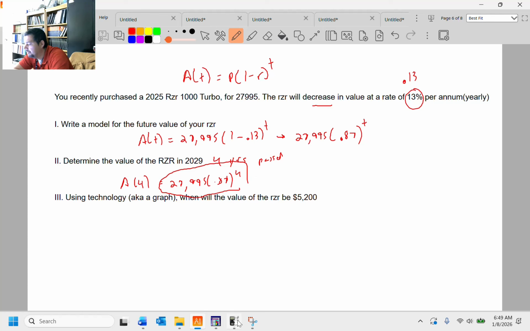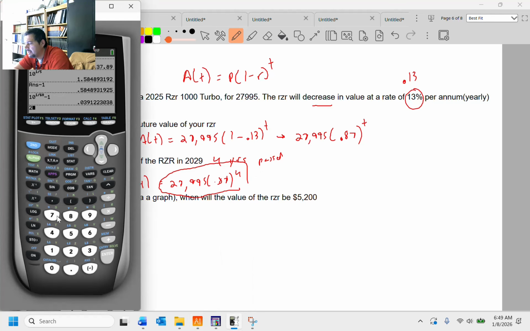That's all I have to do. It's probably not worth as much as this model is suggesting. These UTVs, your side-by-sides, they're a horrible investment. $16,038.27. Notice how we're rounding in money. $16,038.27.